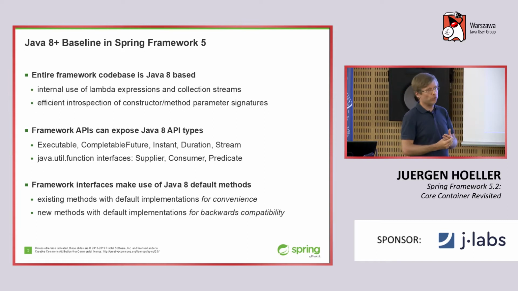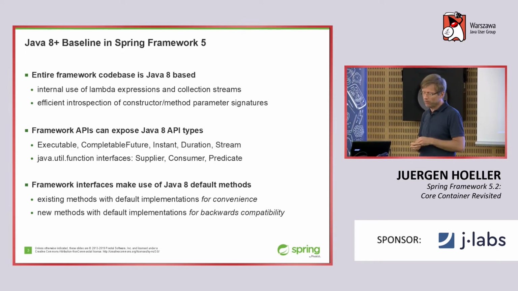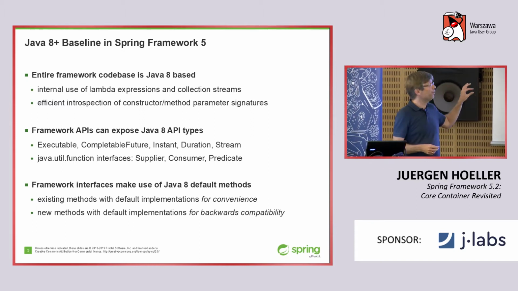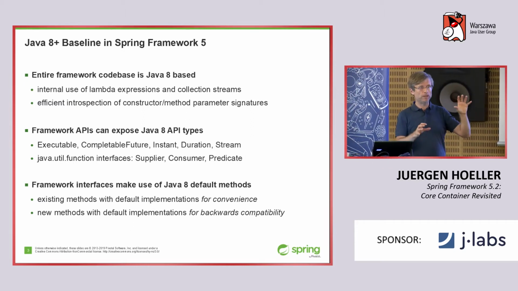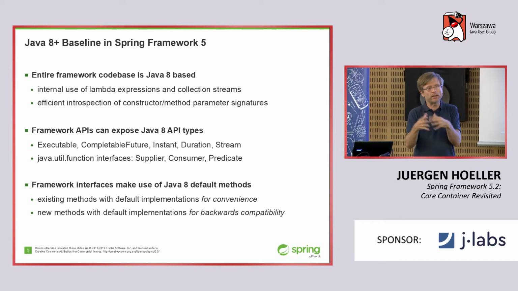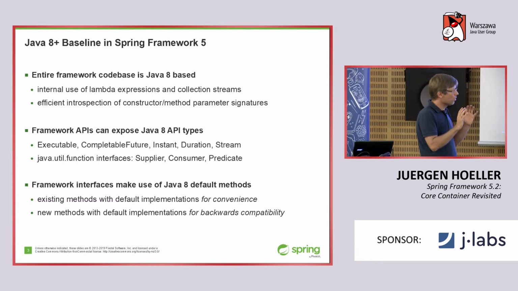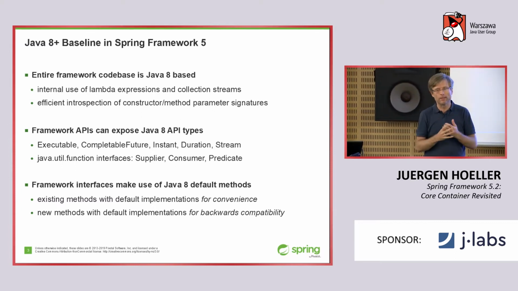The other huge area that we were only able to address recently in Spring Framework 5 is the use of default methods. You might be aware that in Java 8 there's this concept of a default method in an interface. It's basically a method in an interface with a default implementation within the interface. There are some quite nice benefits coming with this.